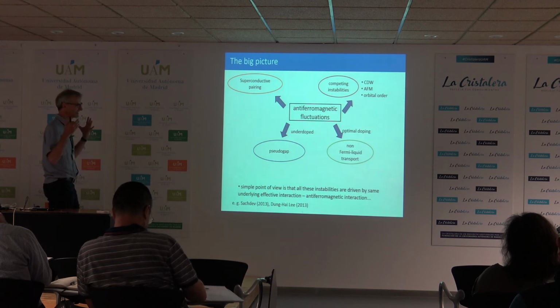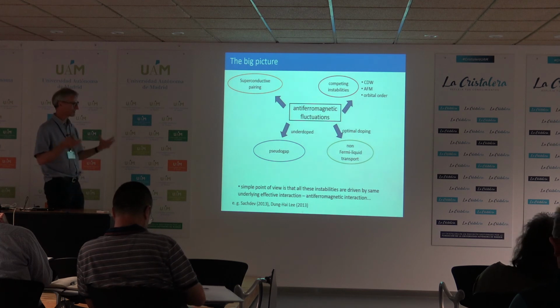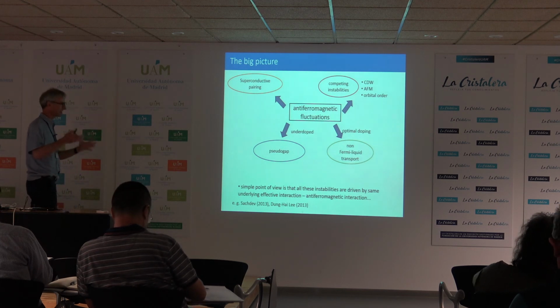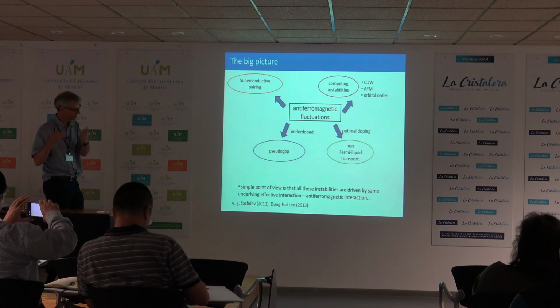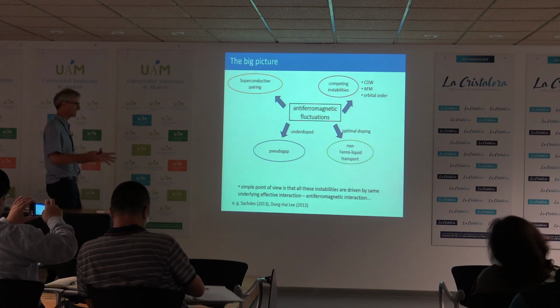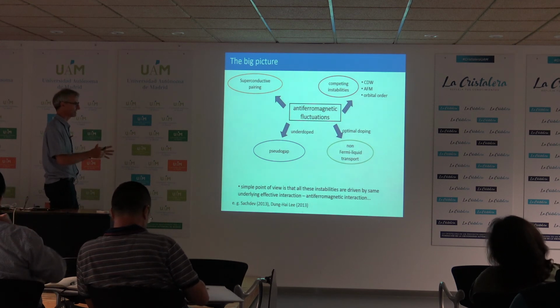I guess the picture among many theorists is that the driving force behind it all is antiferromagnetic fluctuations, which I've shown you today are strong, of a wide energy range, and exist across the whole phase diagram.